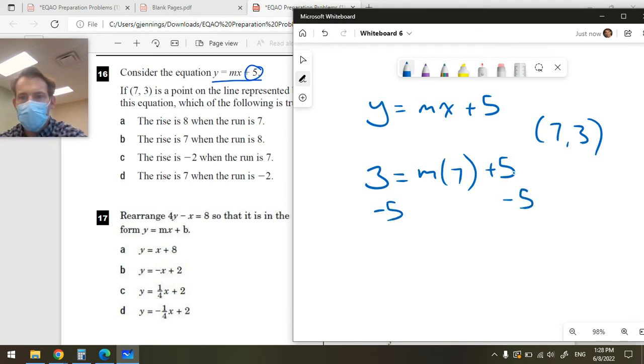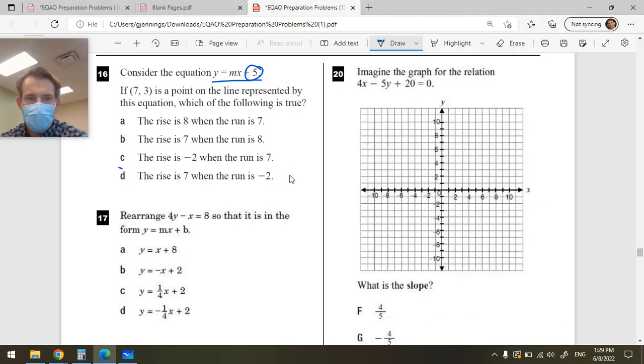We want to get all the numbers away from m, and first we start with that loose addition and subtraction. So then we have -2 is equal to 7m. And then we want to get that 7 away, so we divide both sides by 7. -2 over 7 is equal to m. And now we know that the rise is -2 when the run is 7.